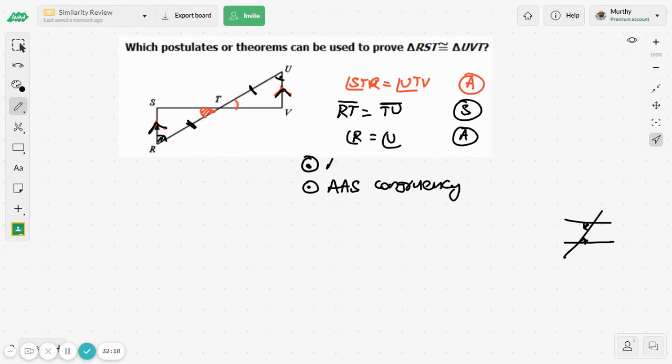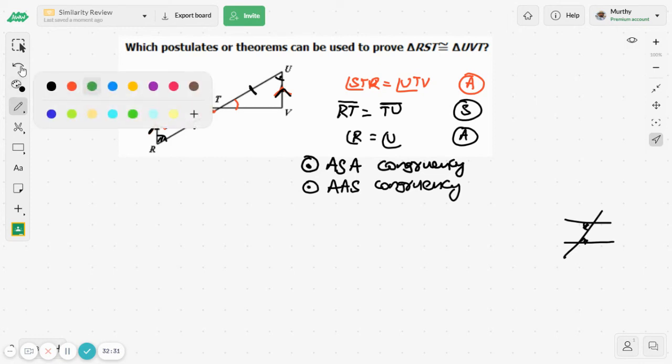Therefore, shall I take ASA or AAS? In fact, both the answers are correct, because if two angles are congruent, obviously the third angle is equal to the third angle. In such a case, this is my third angle and here is my third angle, right? Here the side is not in between the given angles.